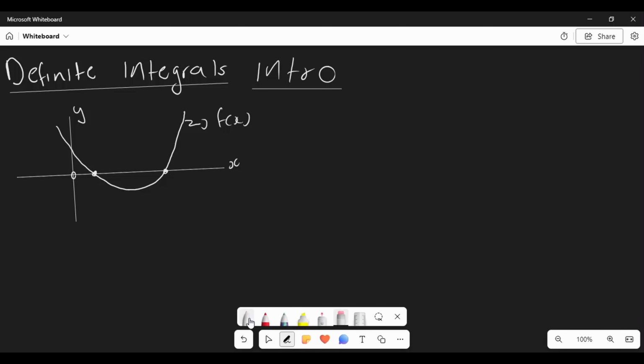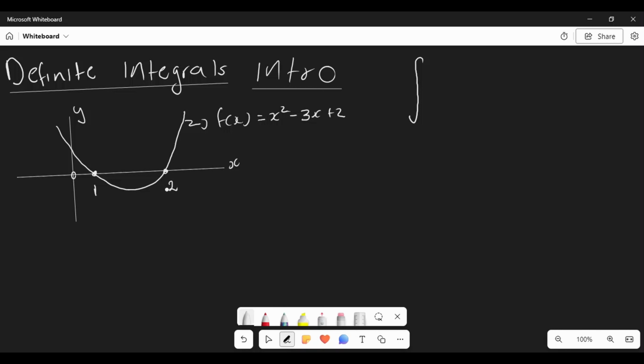Okay, now let's write the f of x. Let's say our f of x is x squared minus 3x plus 2, right? So when it's like this, it's going to intersect at 1 and 2. When you calculate the definite integral of this function, remember on top here you write the upper limit.